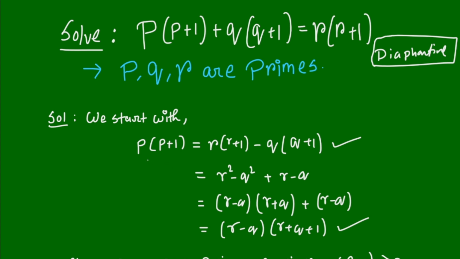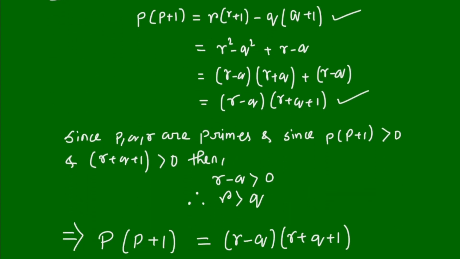Now why is it useful? Because we know p(p+1), where p is a prime and p+1 is either even or odd depending on whether p is 2 or not, and then we have (r - q)(r + q + 1) on the right hand side, in a factorizable form. Since p, q, r are all primes, p(p+1) is greater than 0, and obviously this term is greater than 0, which means this term must also be greater than 0.